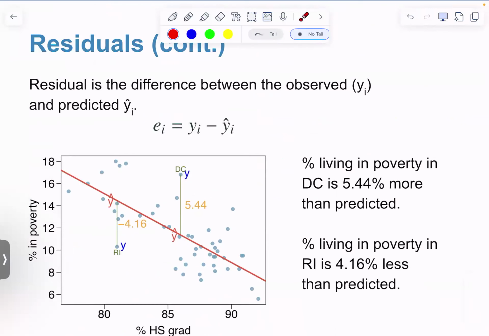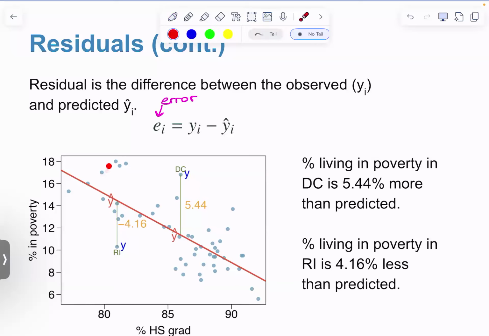The residuals, you would think that we would use R for the residuals, but R is already in use by the correlation, as we'll see. And so instead we use the error, but that's hard to say. And the residual kind of just reminds you more what it is. And so here, E is the error.